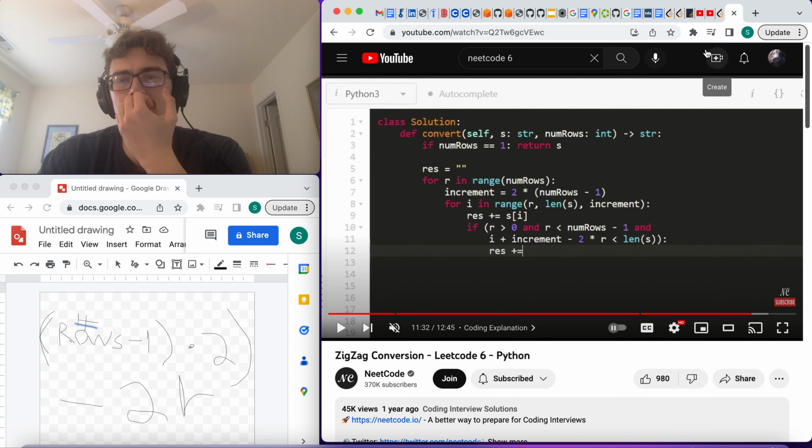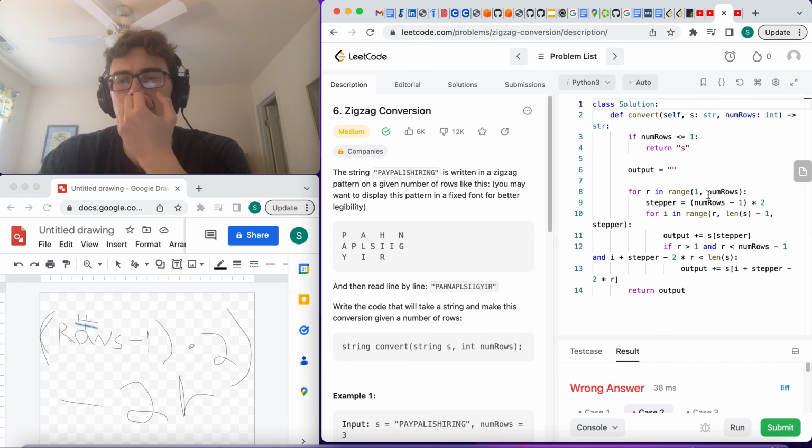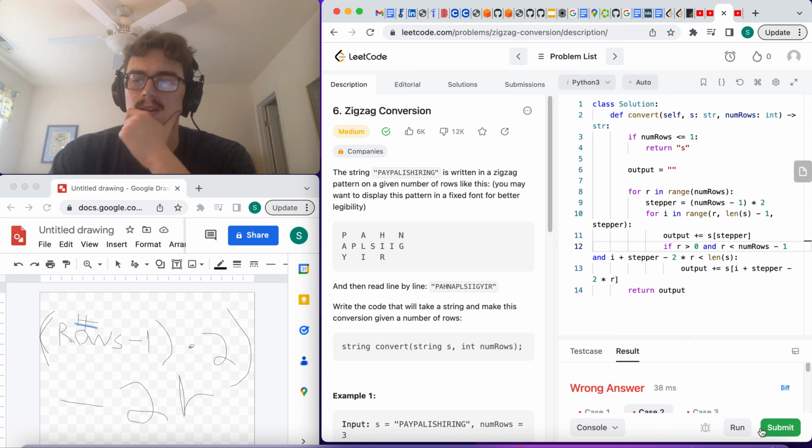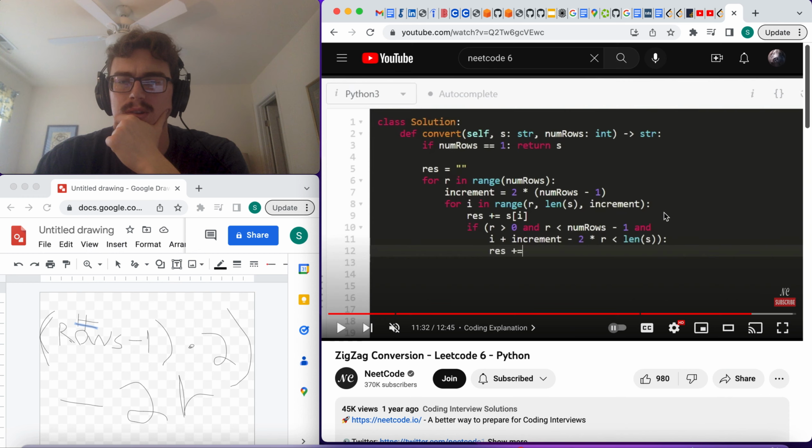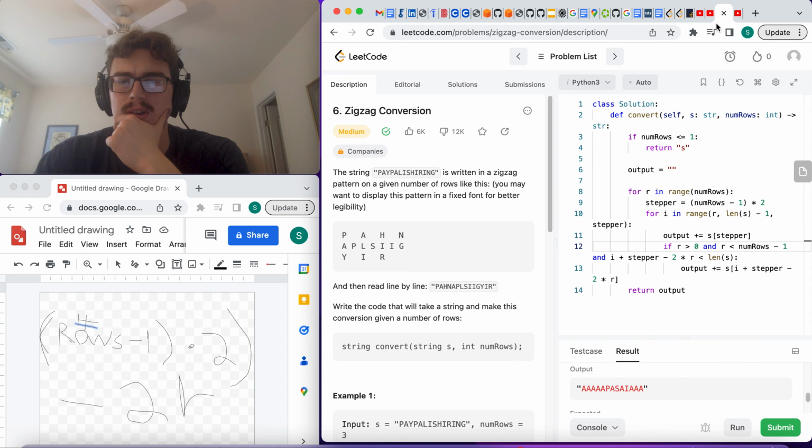Okay. So we just do another rows here. I think we're still plus equals s of I. Okay, why not stepper?